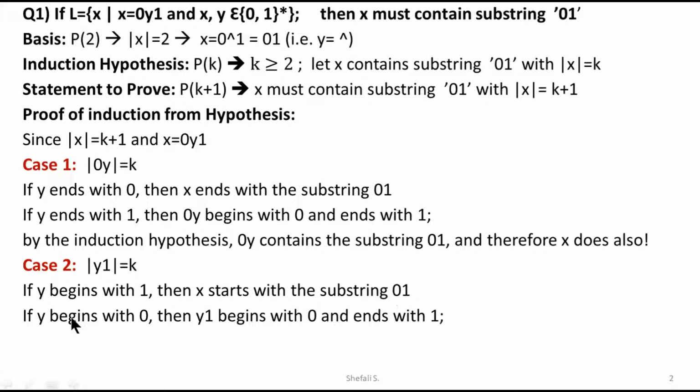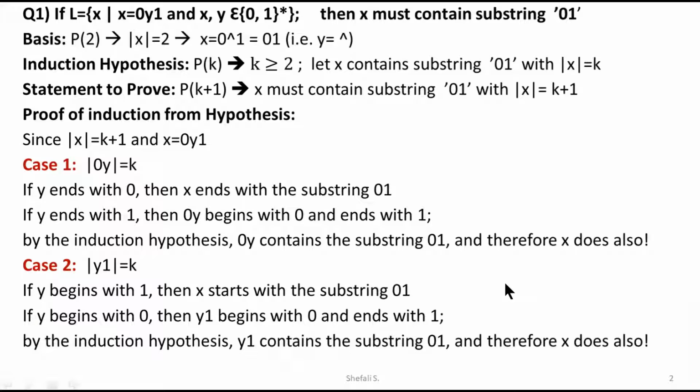And if it is beginning with 0, then 0, y1 having the size of k, which is your hypothesis, is also containing the substring 0, 1. So in any of the cases, maybe case 1 or maybe case 2, we can claim that the given string contains the substring 0, 1.